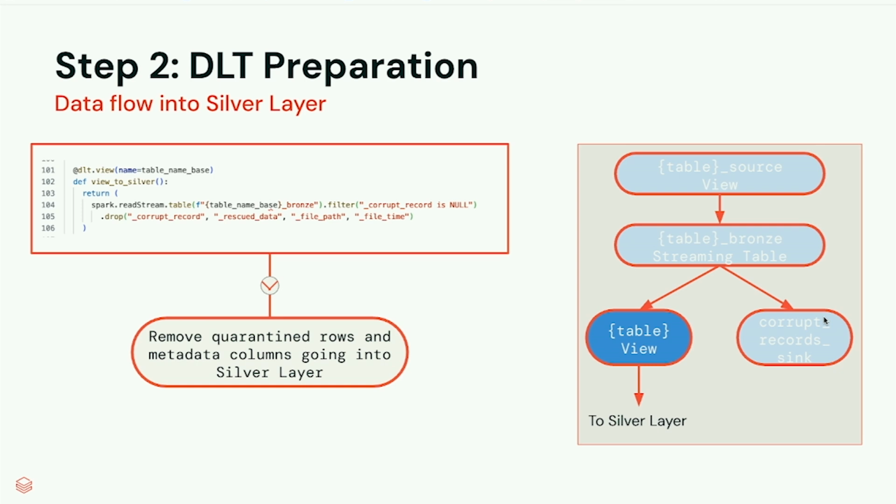Finally, we want to provide a cleaner view of the bronze data to downstream layers. And you may want to remove any metadata columns that we used for operation of the ingestion pipeline, and also make sure that we remove any rows for which the corrupt record column is not null, which contain corrupted data.